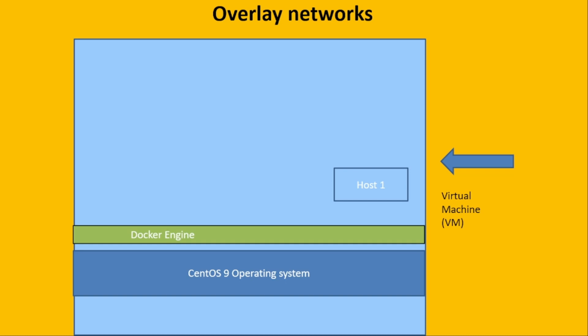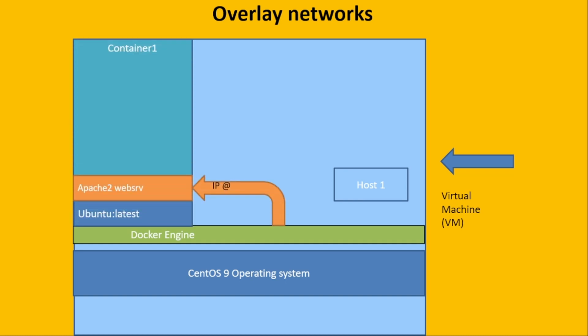Further, we created a Apache 2 container and it gets the IP address from the Docker engine. There are four steps we perform. Kindly remember these four steps. Till now, so far so good.